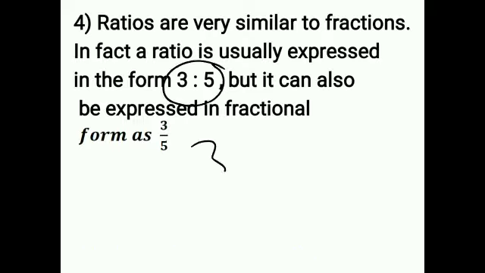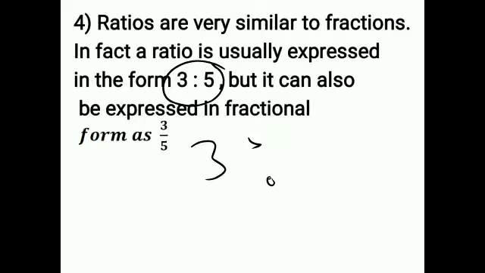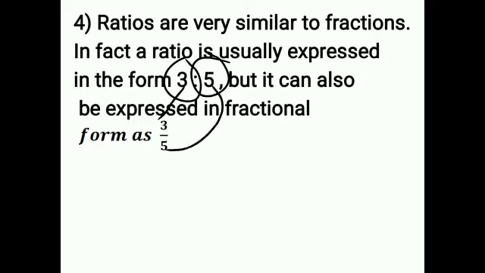Suppose 3 is to 5; we can write this ratio in the fraction form, that means 3 divided by 5. The first term you write in the numerator, the second term in the denominator place. So 3 is to 5, you can write 3 by 5.